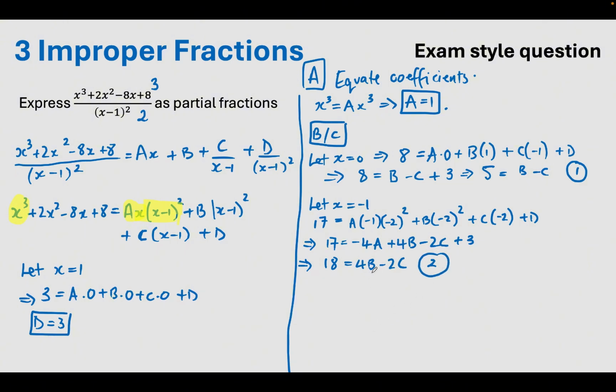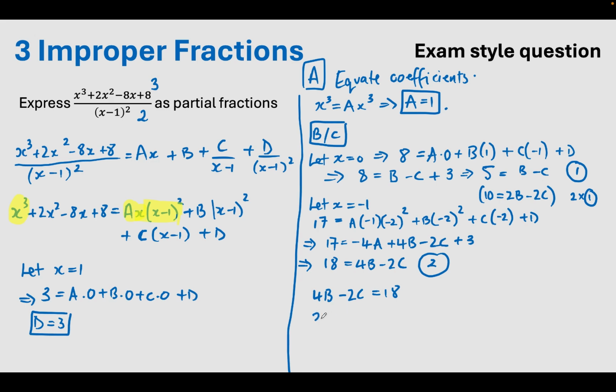Okay, now from here I've got a set of simultaneous equations. So if I lay these out, I can say 4B minus 2C equals 18. And what I can do is I can do 2 times 1. So if I do 2 times 1, I get 10 equals 2B minus 2C.